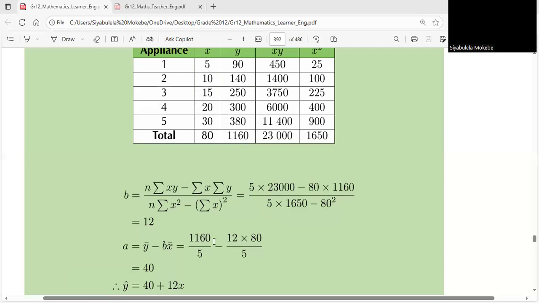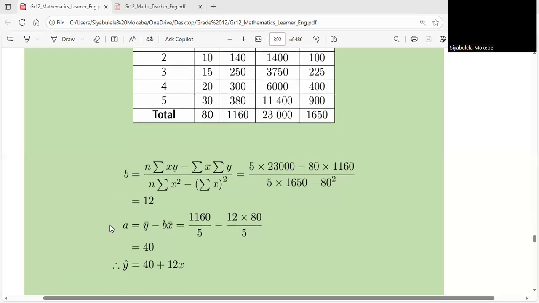So it's 1160 divided by 5, minus, we already know B to be 12, multiplied by the mean of the data set of X, which is 80 over 5. And that gives us 40. So Y is equal to 40 plus 12X.